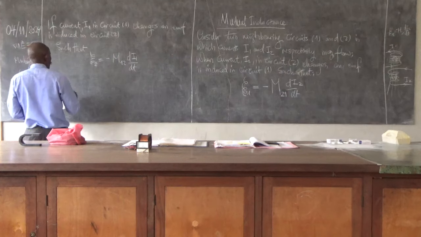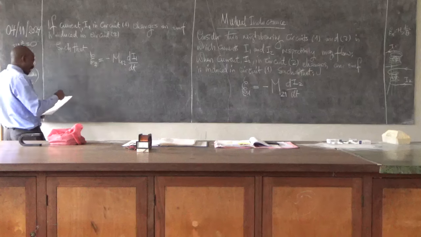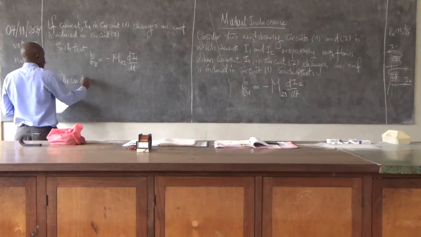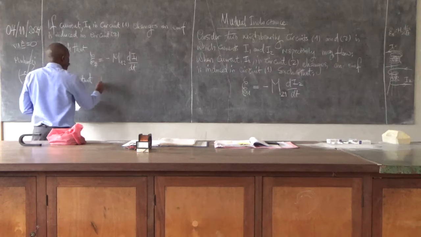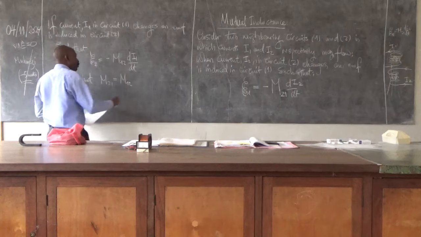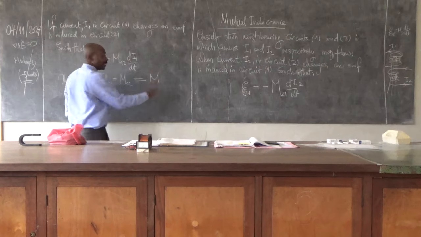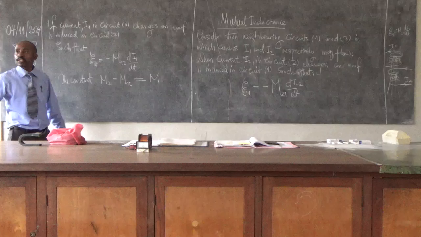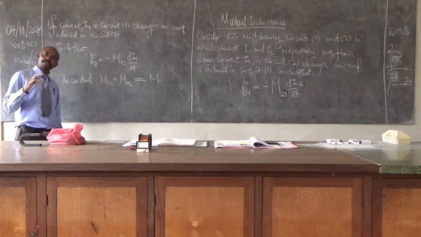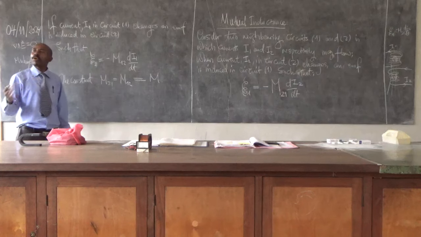So the constant M21 equals M12, and we simply say it is just M. It is just a relationship between them. Doesn't matter where you look at it. If it is toxic, it is toxic.